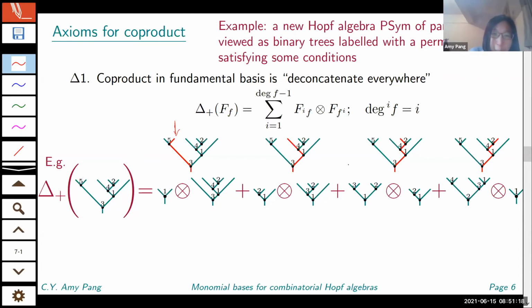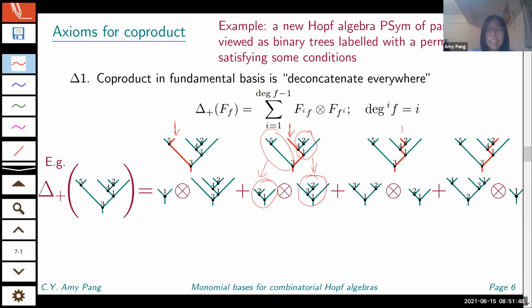People who don't know, maybe I can still convince you that this tree on 3 vertices is really this part that is on the right of the red line, and this tree here is this part that is on the left of the red line. I cut, and the red line starts at any of the leaves that are not the outermost ones.